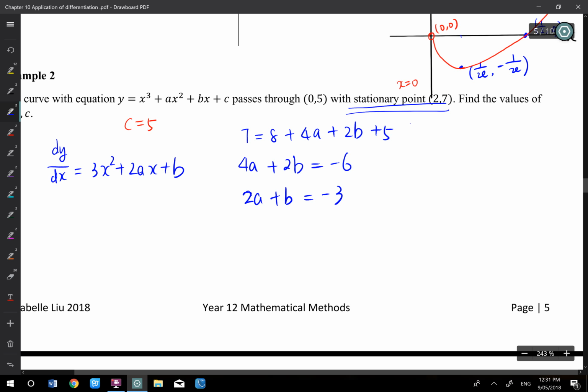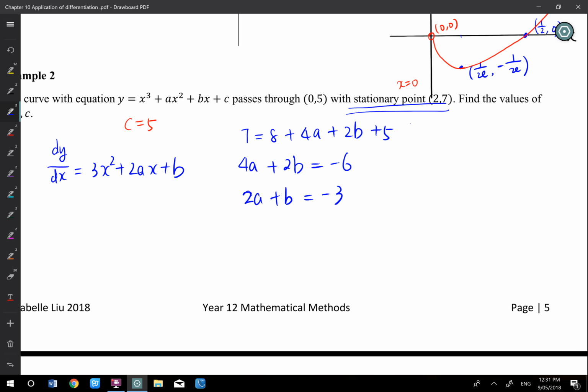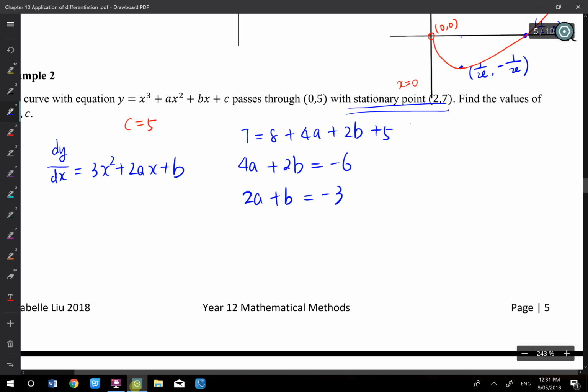When x equals 2, dy/dx needs to be 0 because x equals 2 is the stationary point. So another equation we have is 0 equals 12 plus 4a plus b. So what we have here is 4a plus b equals negative 12.